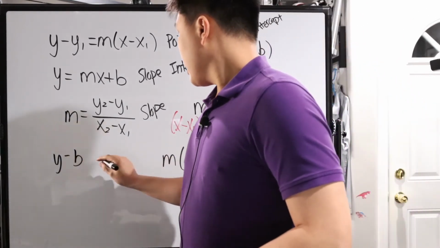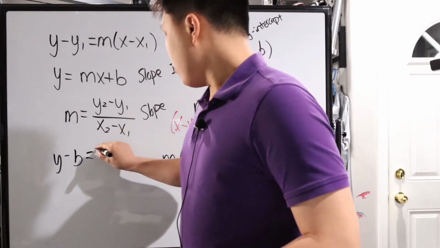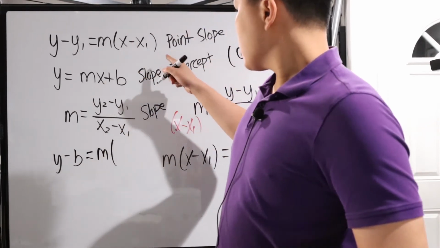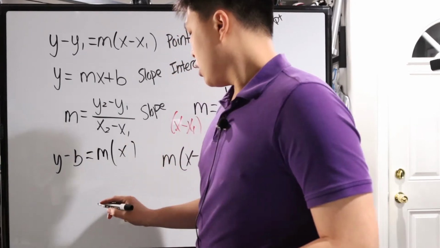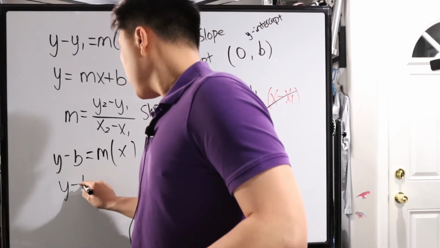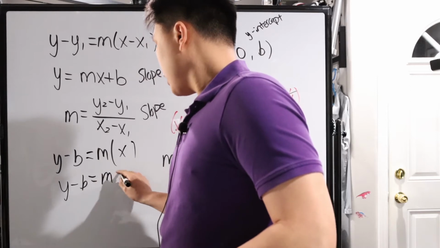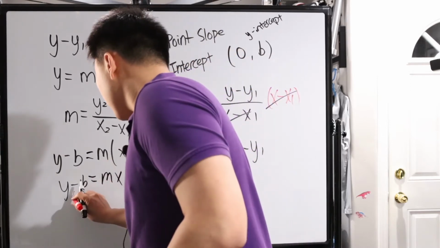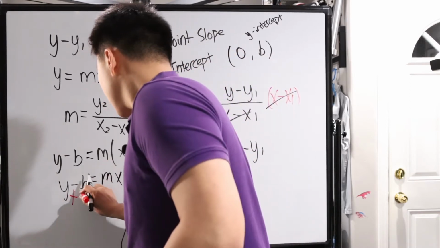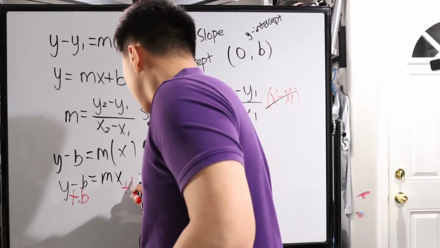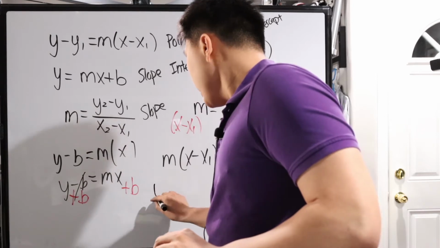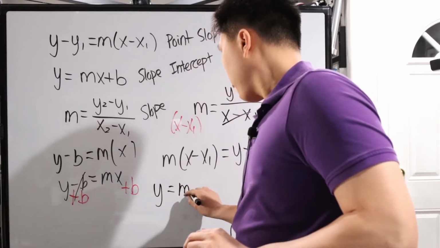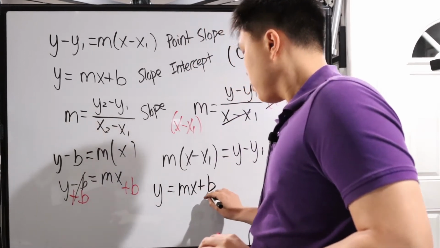Y minus b equals m times x minus x1. In this case, x1 is 0, so it's just going to be x. So y minus b equals m times x. If I add b on both sides, this cancels, y equals mx plus b.